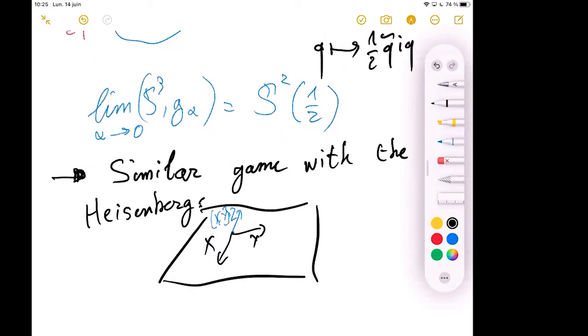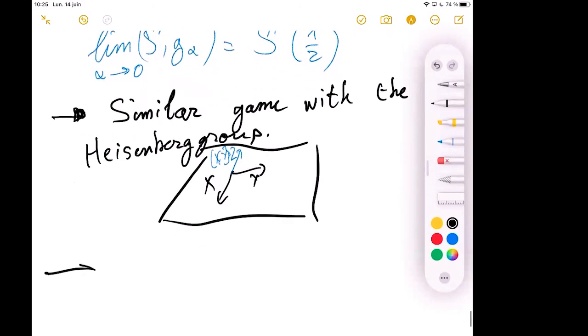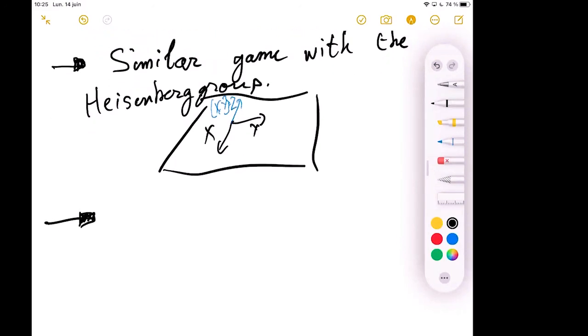Okay, maybe a last point before we take a small recap. I will consider some kind of ellipsoids in R3.